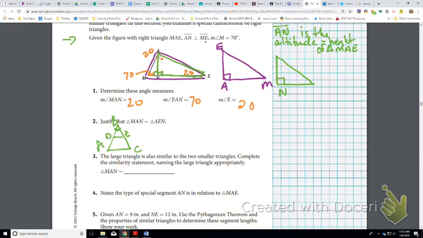So look at your original. You see that E is on the top vertex, so he'll go on the top here. That's your reflexive property. And then down here, that leaves you with your A.